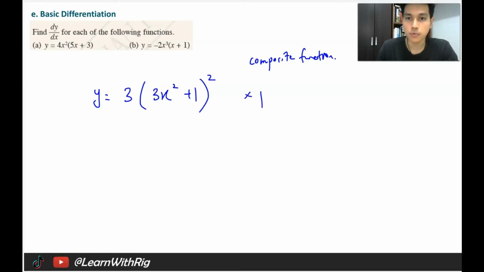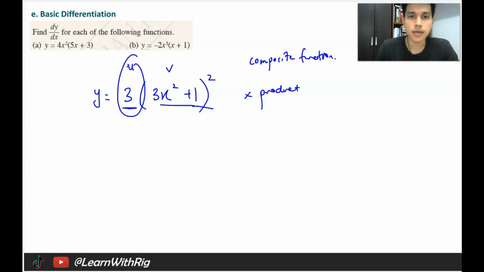You don't have to use product rule. Why? Because if you use product rule, here becomes u, here becomes v. You can do that, but it's unnecessary because the u value here, there's no x.